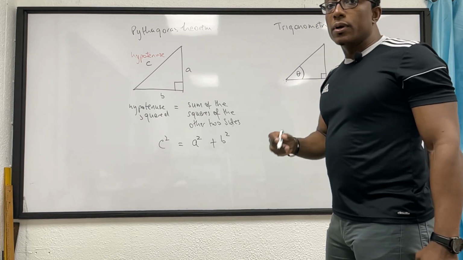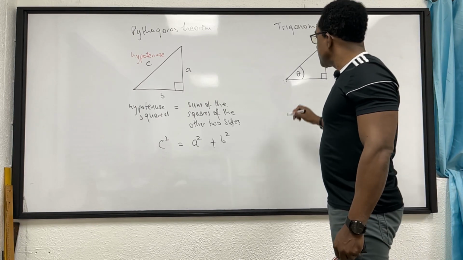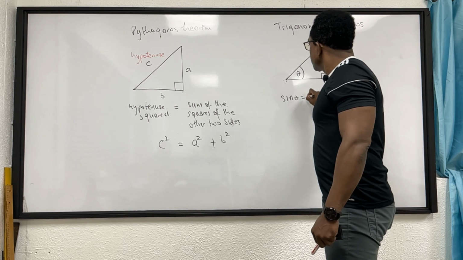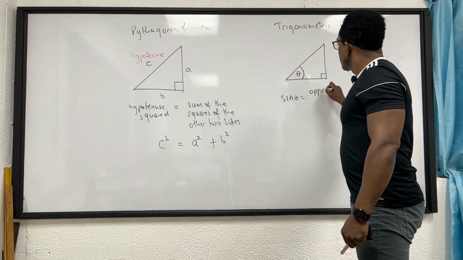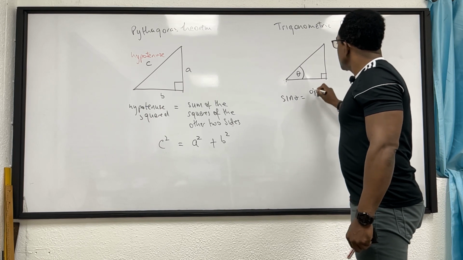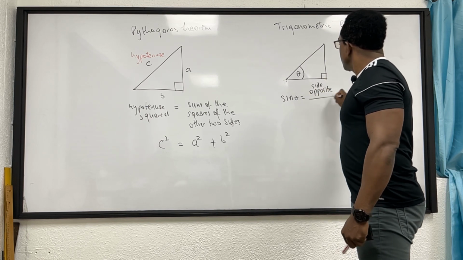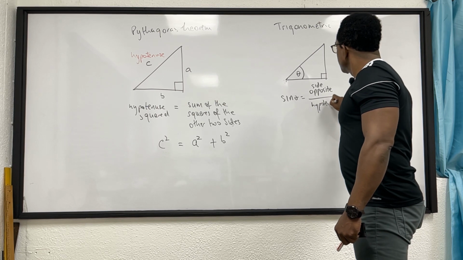And of course, with those trig ratios, we have to remember sine theta, which is equal to side opposite over the hypotenuse.